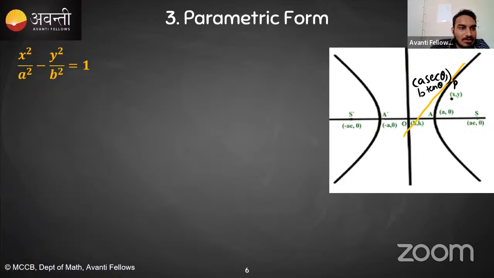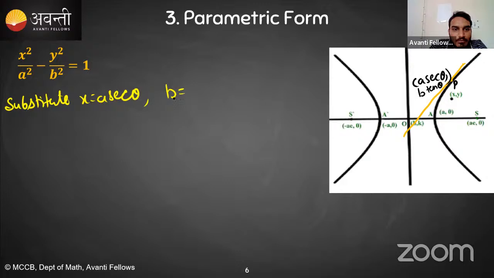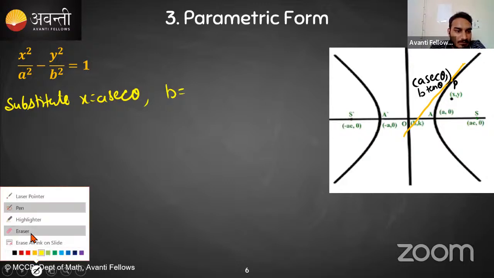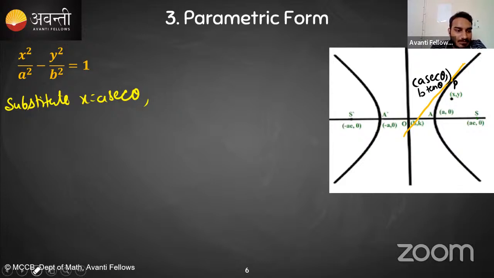First of all, tell me students, substitute x is equal to a sec theta and y is equal to b tan theta in the given equation.